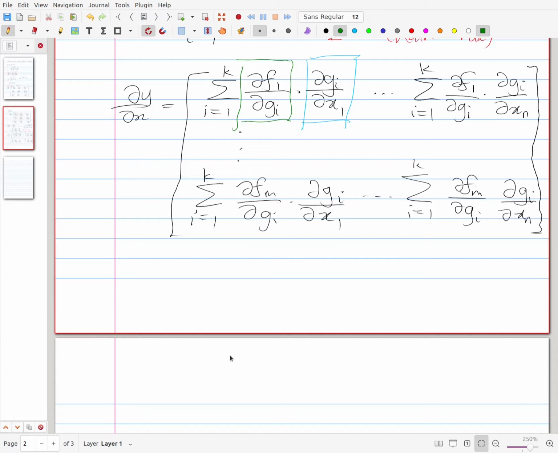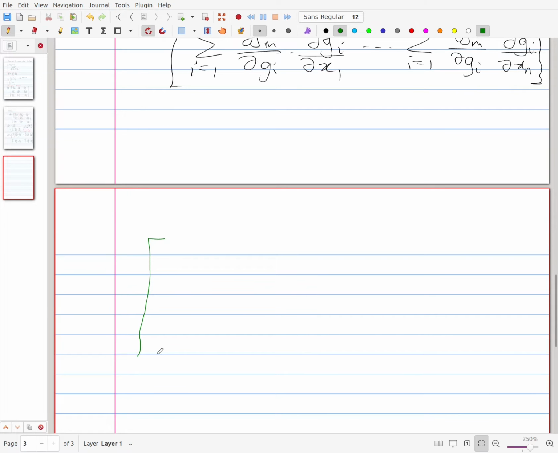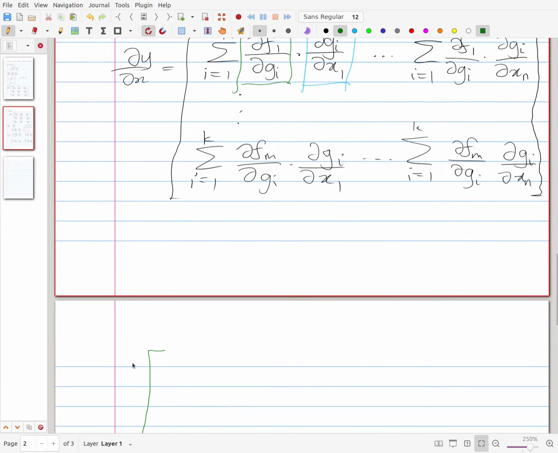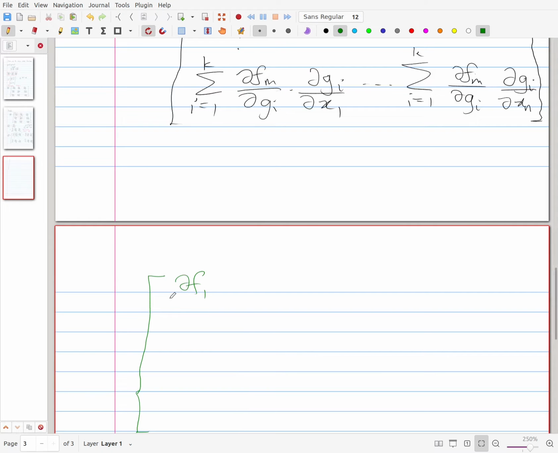Okay, so for our green matrix, we want its rows to be terms like this. So partial of f1 with respect to all of the gi's. So I'm going to unpack that across the row here.